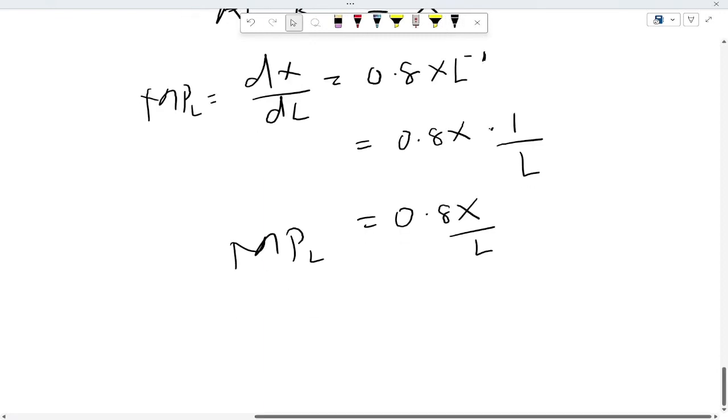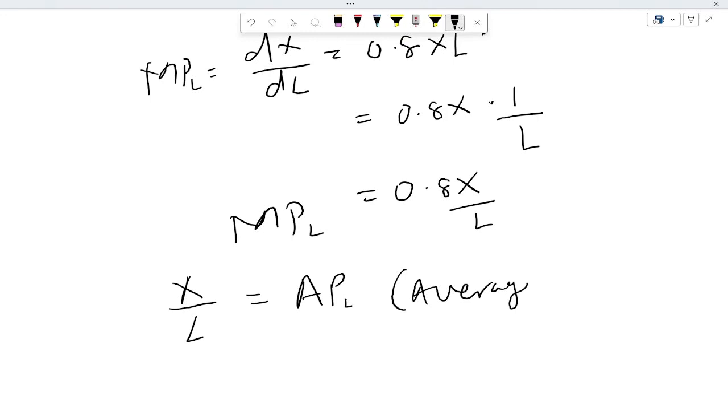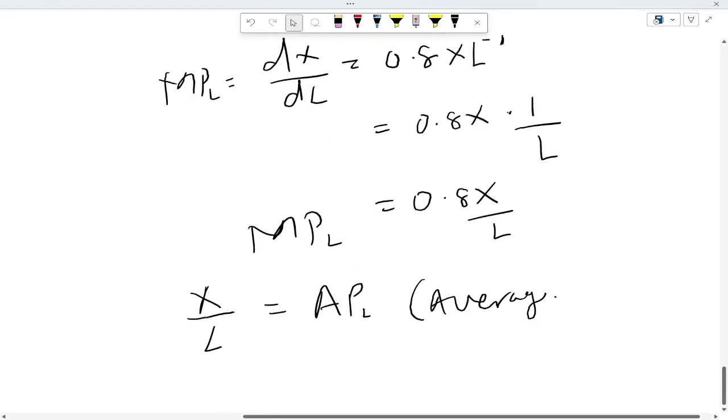You can leave it like this, or you can go further to explain that x over L is actually APL, which is average product of labor.